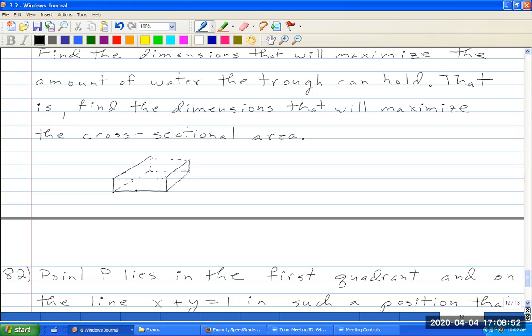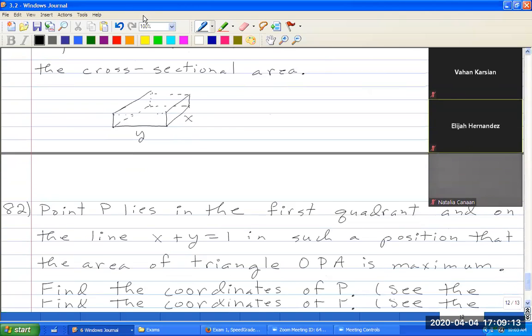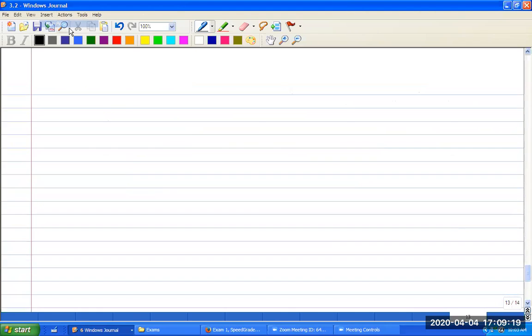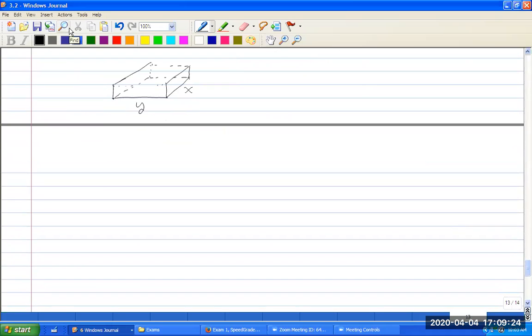Let's call this y, and let's call this height x.